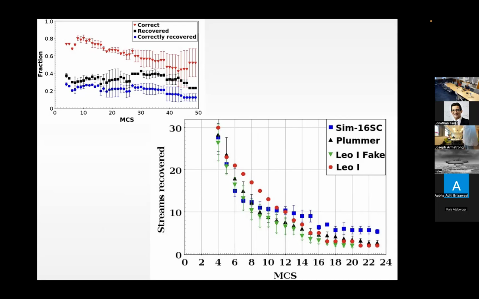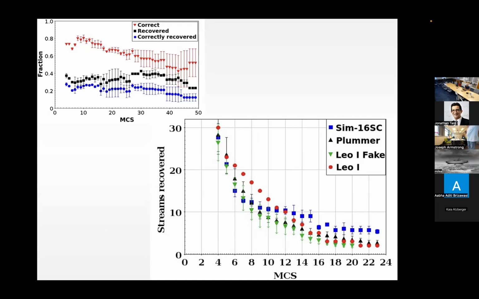And what we see in our simulation, the green and black, is no streams whatsoever. It's an exponential decrease. And blue is now a simulation where there should be 16 streams, which is made out of 16 streams.